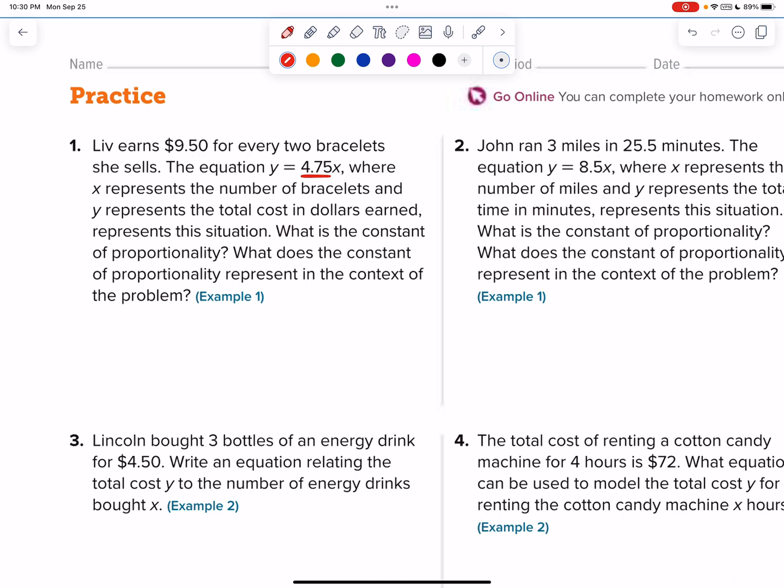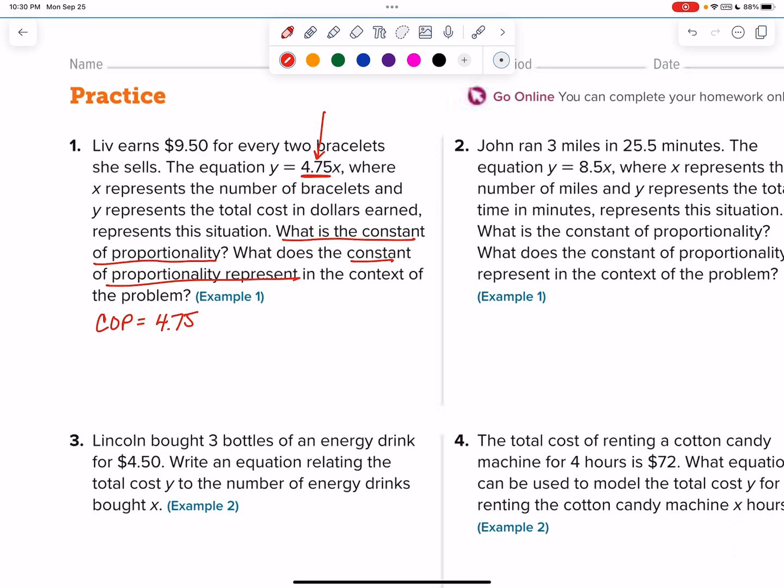Okay, and so they're asking, what is the constant of proportionality? Well, that's easy. You know that the COP is this spot right here in the equation. So we can just right away say the COP is 4.75. It says, what does the constant of proportionality represent?